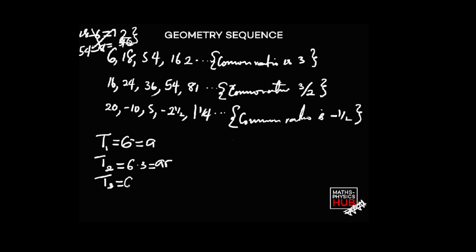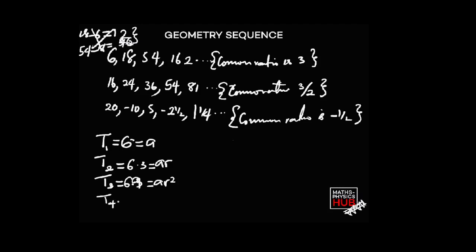Yes, sir. Can we write 54 in terms of multiple of 6? That's 6 times 9, right? Yes. I can write this 6 times 9, and that will just become AR squared, because 9 can be written as 3 raised to power 2, Abby.